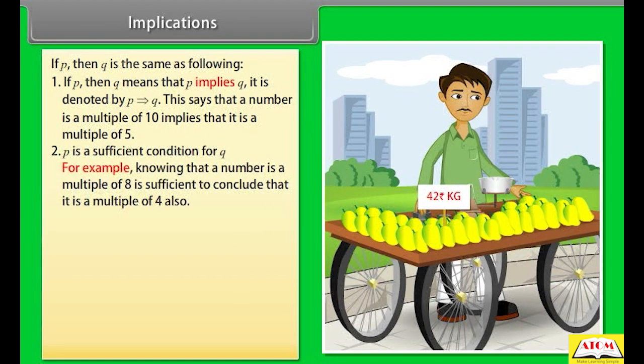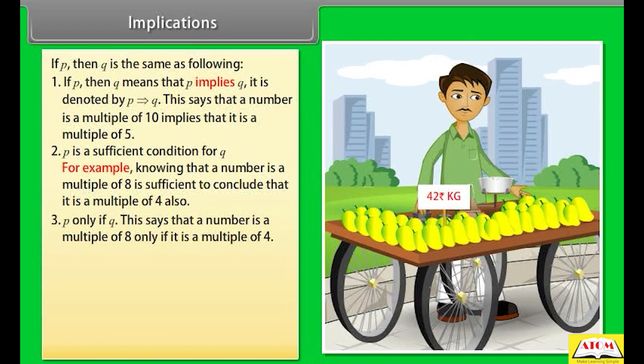P is a sufficient condition for Q. For example, knowing that a number is a multiple of 8 is sufficient to conclude that it is a multiple of 4 also. "P only if Q". This says that a number is a multiple of 8 only if it is a multiple of 4.